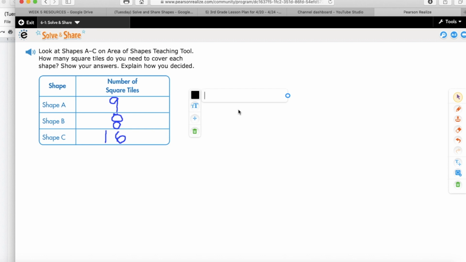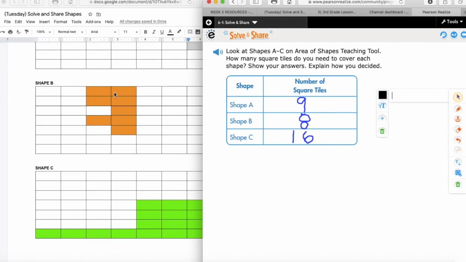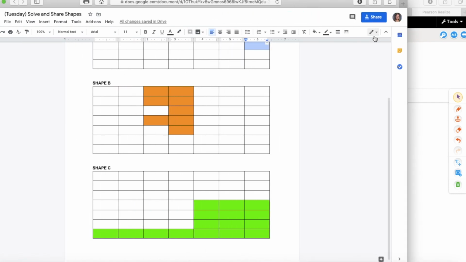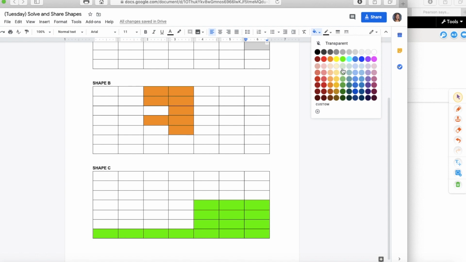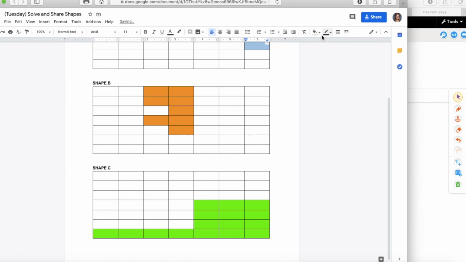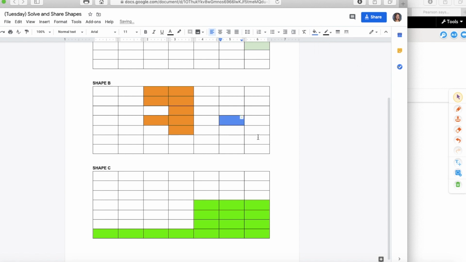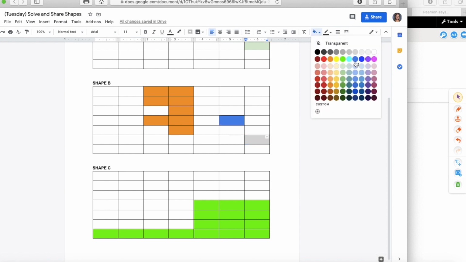Yes, you can be sure that you have the accurate answer, because if there are gaps, the only way to make a shape like this and count the square tiles is that there has to be no gaps in between. In order for it to be a shape, you can't have a color here and a color here.